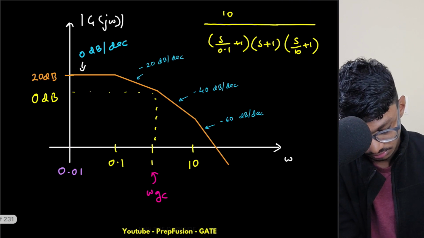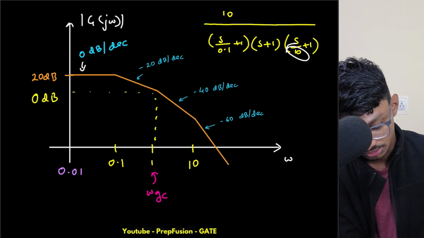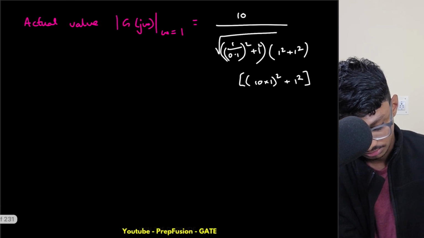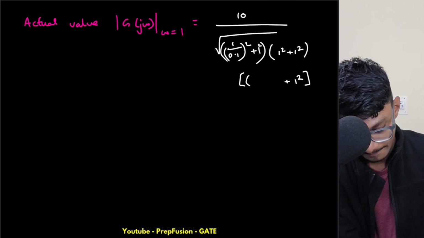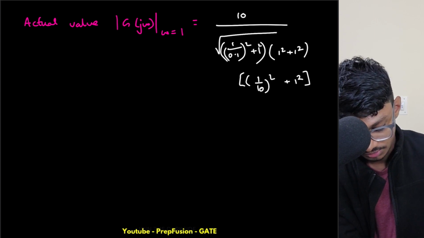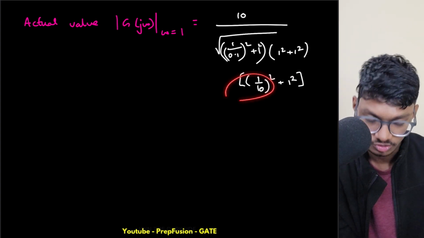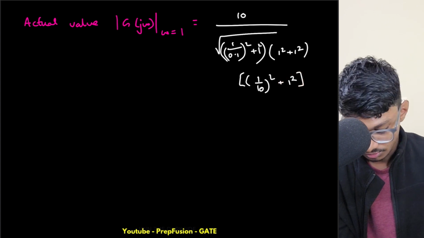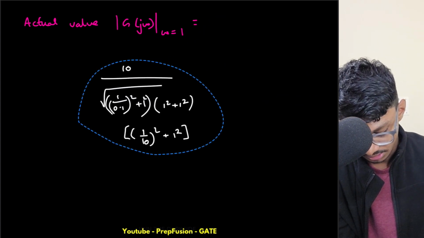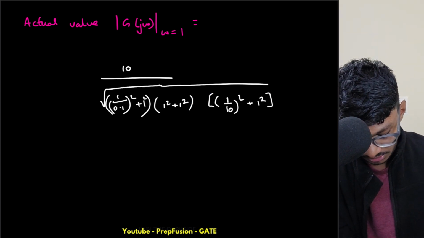Is this correct? No, this is by 10, right? Sorry, this is by 10, not into 10. 1 by 10 whole square plus 1 square. So what is happening basically, we can ignore this because 1 by 10 is 0.1, 0.1 whole square is 0.01, so simply 1 will remain only. Let me write this here, else it will be very messy. Just doing this in rough.